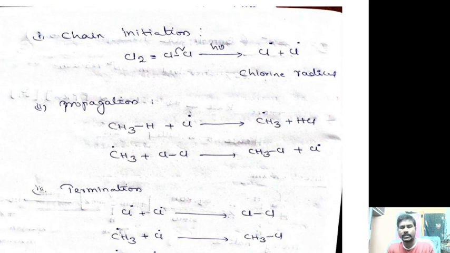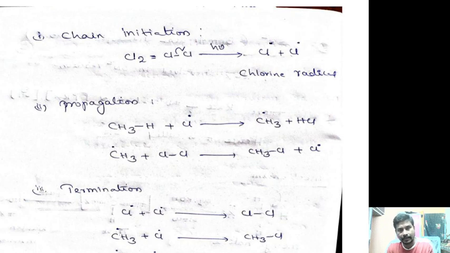Propagation means the development reaction. The chlorine radical attacks the simple alkane and you get a methyl radical. This methyl radical reacts with a chlorine molecule, giving methyl chloride and a chlorine radical again.